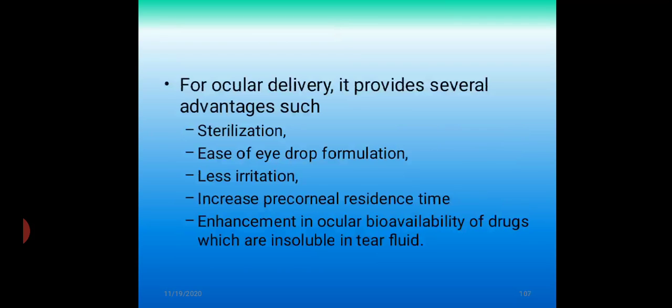What are the various advantages nano suspensions offer? Nano suspensions are easy for sterilization, easy to prepare or formulate, cause less irritation, have a higher residence time, and enhance the ocular bioavailability of the drug molecules.